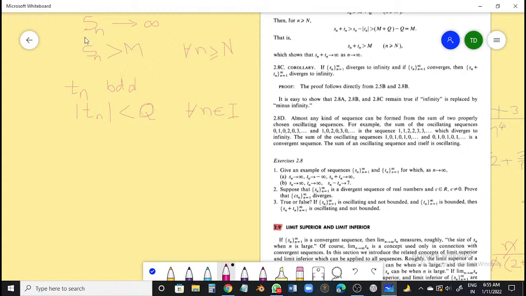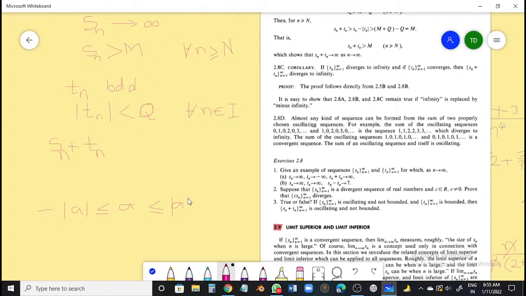So what we will do is take the sequence Sn plus Tn. We want to show that Sn plus Tn is diverging to infinity. We know the property of real numbers: minus mod a is less than or equal to a, which is less than or equal to mod a.